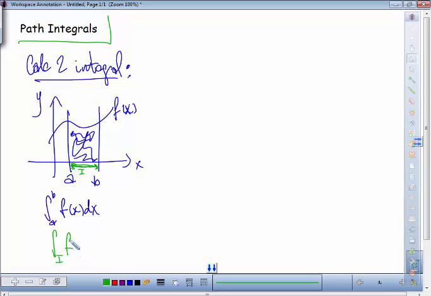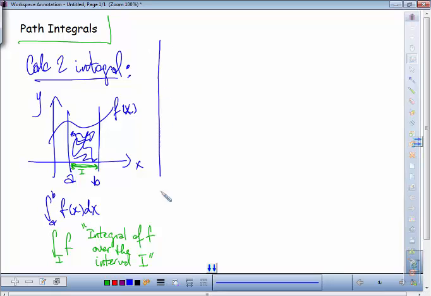I'd put dx there, but I'm just going to leave it like that and write that down: integral of f over the interval I. So this is how we would say it in words. The integral of f. So that's our point of view so far of what we know as our single integral in Calc 1 or Calc 2.